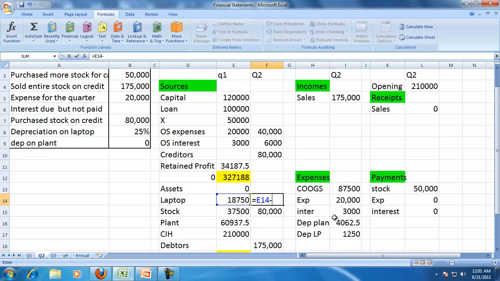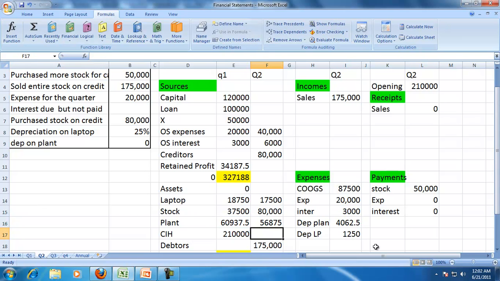Depreciation will reduce the laptop value. The depreciation will reduce the plant value to that extent. Maybe I made a mistake there. So the depreciation on laptop will reduce by 1250, and depreciation on plant will reduce by 4,000.